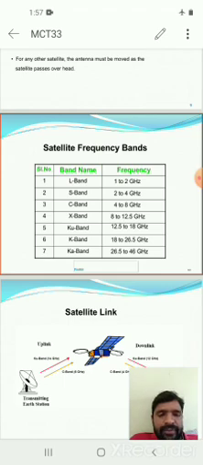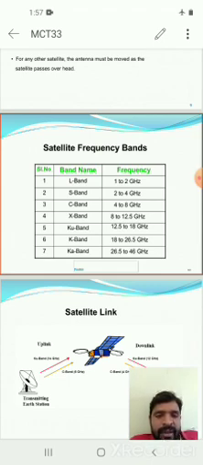These bands are: L band, with a range of 1 GHz to 2 GHz. S band, 2 GHz to 4 GHz. C band, 4 GHz to 8 GHz.